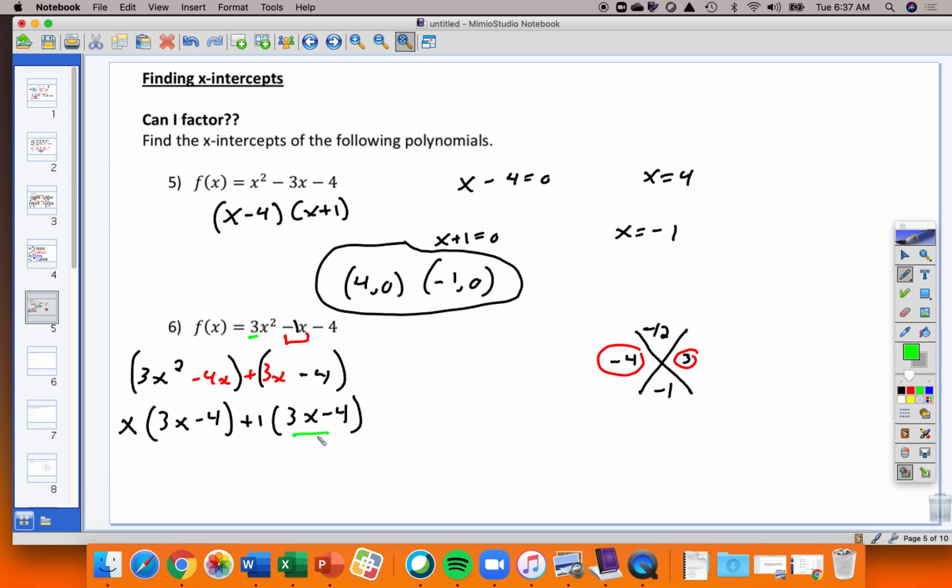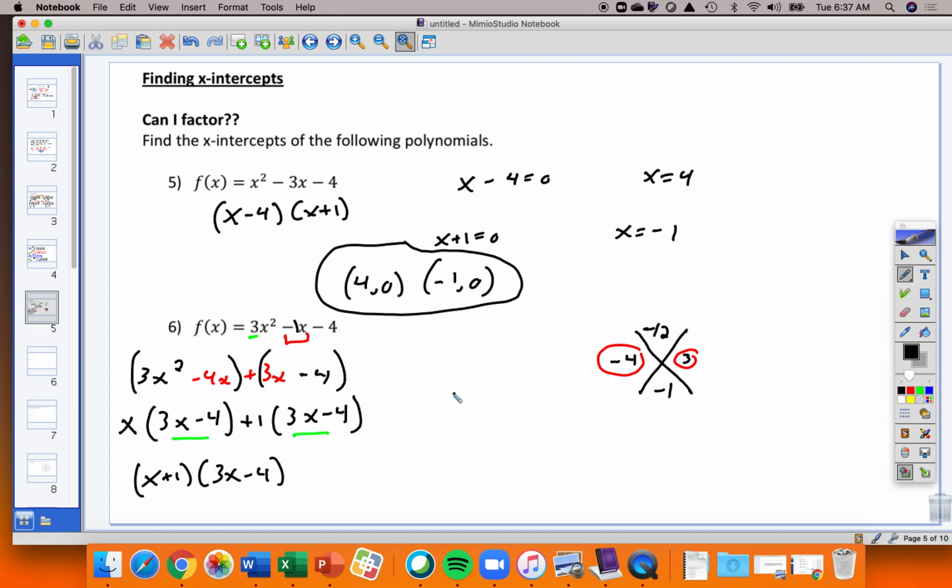So 3x minus 4 and 3x minus 4. If they're the same, you're perfect. You did it right. This is not factored yet. So the last step is to take x and 1 and make it a factor, and take 3x minus 4 and make it a factor. These are my two factors of this polynomial.